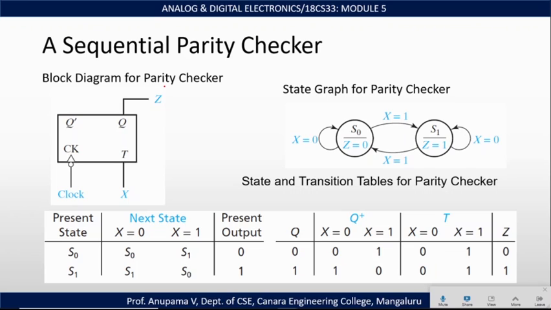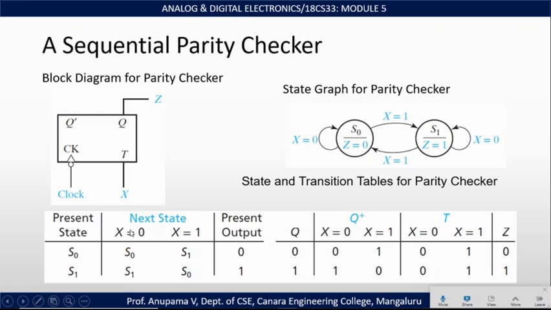So, what are the states possible for the sequential parity checker? There are only two states, that is S0 and S1. So, the present state can be either S0 or S1. Now, we have to represent the next state. The next state depends on the input X. X can be 0, X can be 1.